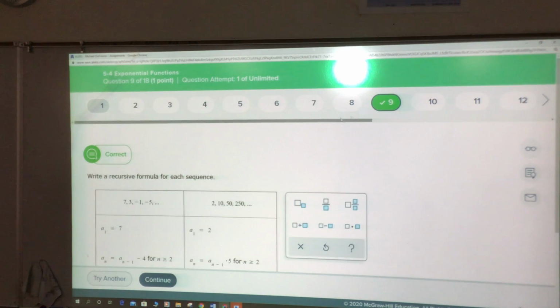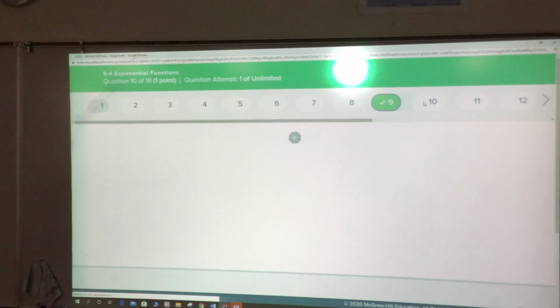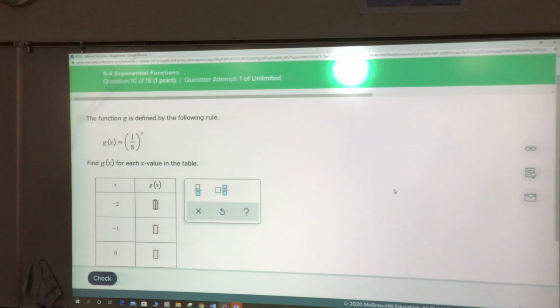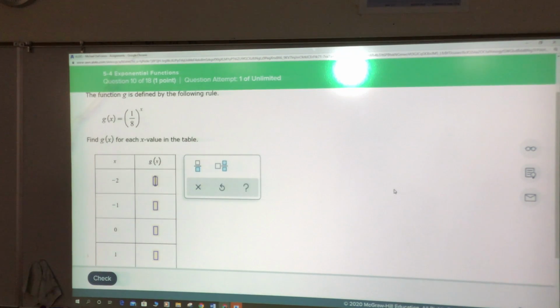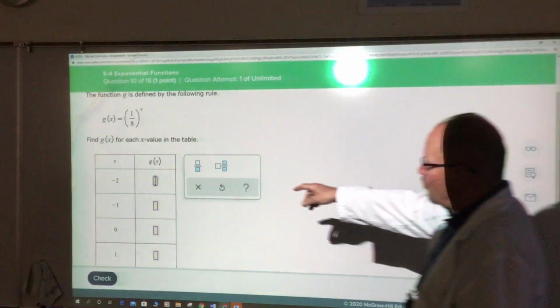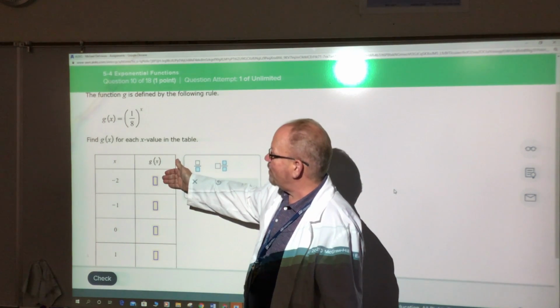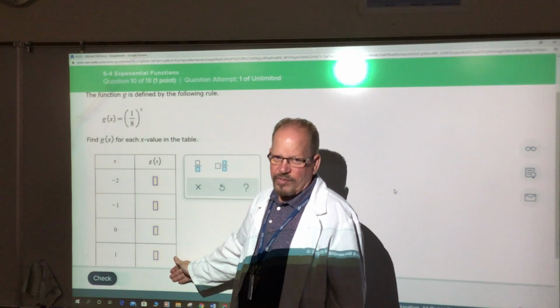Okay, so then number 10. Now we're talking about exponential functions, which are going to generate numbers that are a geometric sequence, okay?